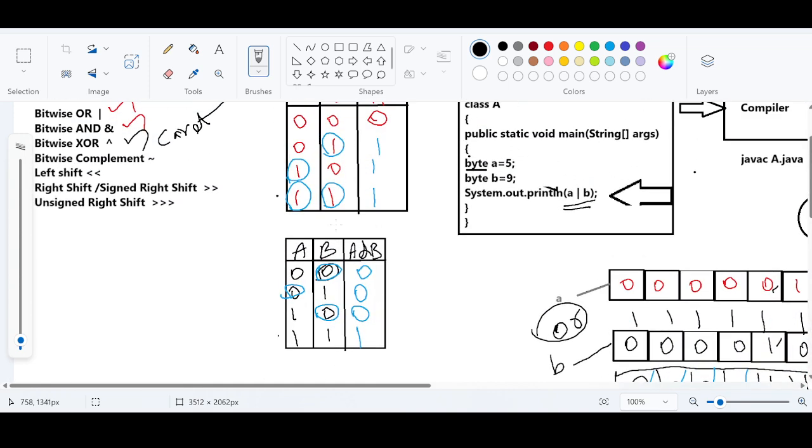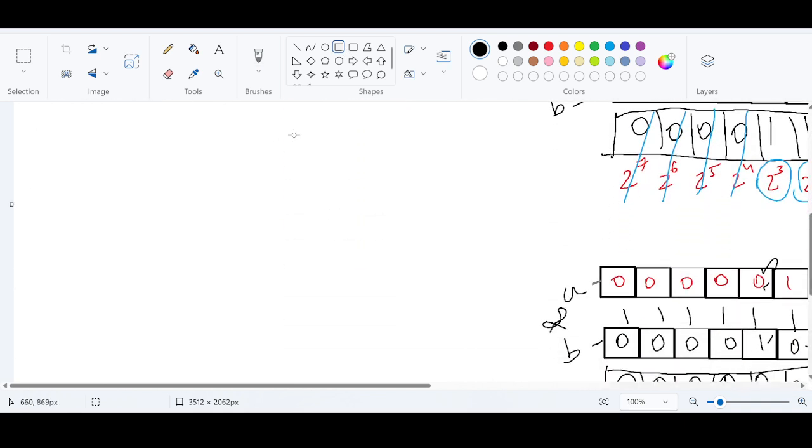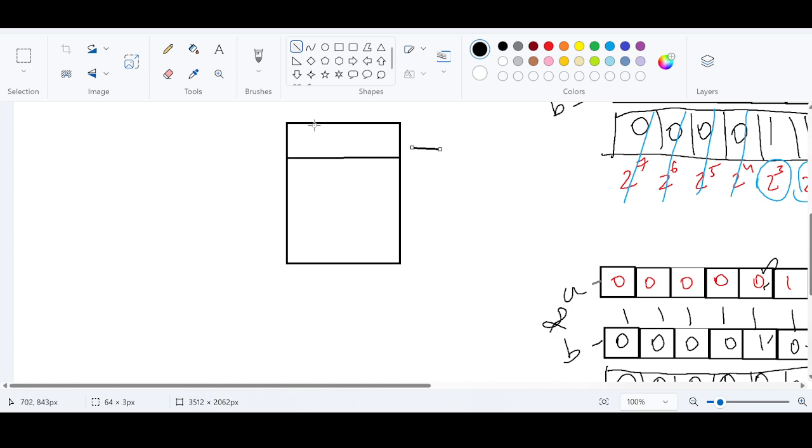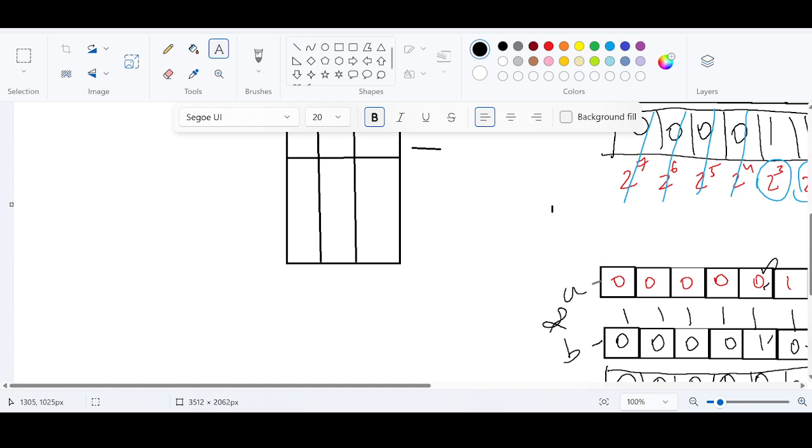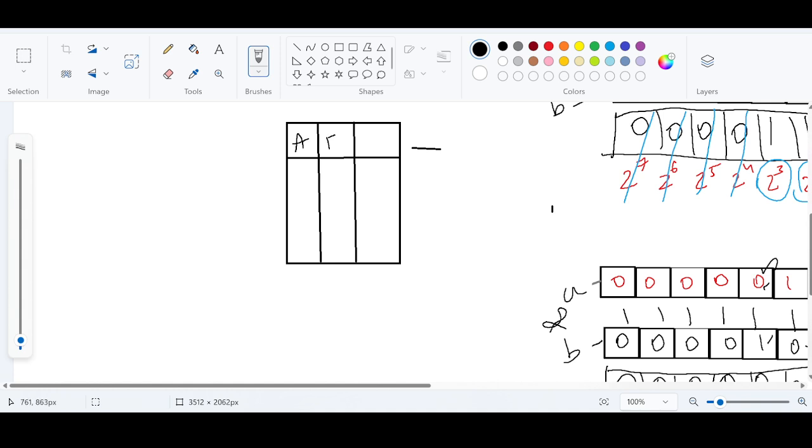Let me draw the truth table really quick. A, B, A XOR B.